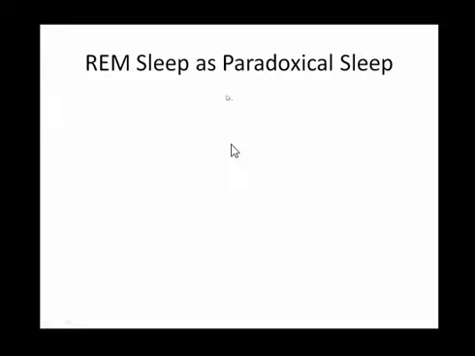So again, as a review for this slide, REM sleep is paradoxical sleep. The reason it's called rapid eye movement is because if you look at somebody and their eyeballs are moving back and forth, that's rapid eye movement. And so what happens is when you try to wake them up, they tend to incorporate external stimuli into the dream, so they continue to dream.